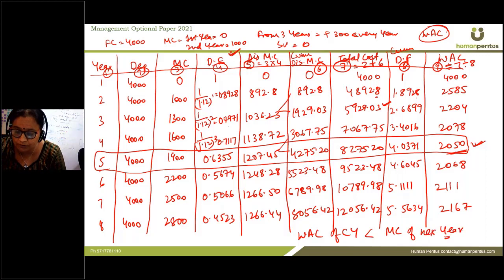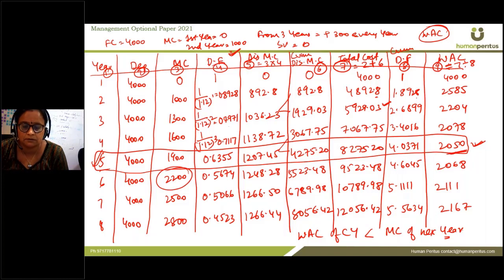Just check if the value of 2050, which is the average cost for my fifth year, is less than the maintenance cost of the next year, that is less than 2200, isn't it? Then only this year would act as the optimum replacement period. So again, 5 years is the value for the optimum replacement period for this kind of machinery whenever there is a change in the time value of money.